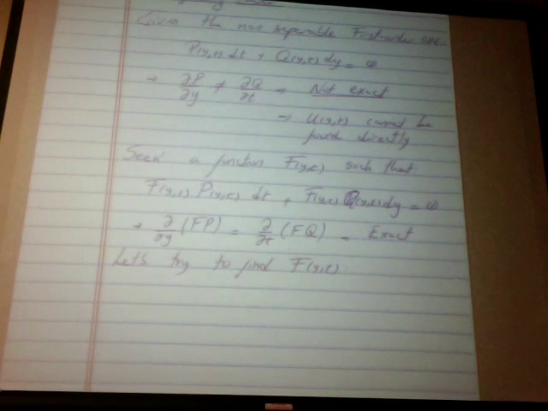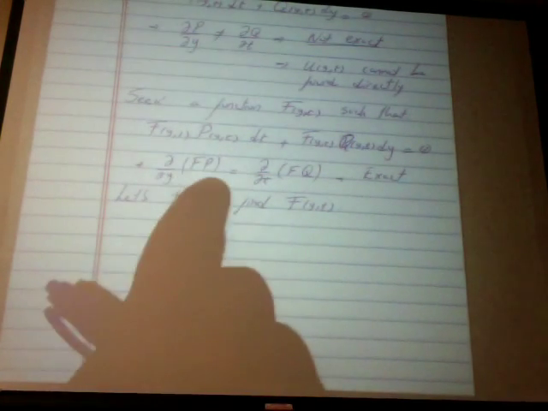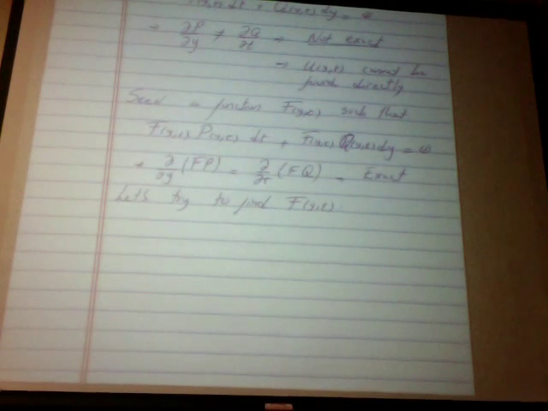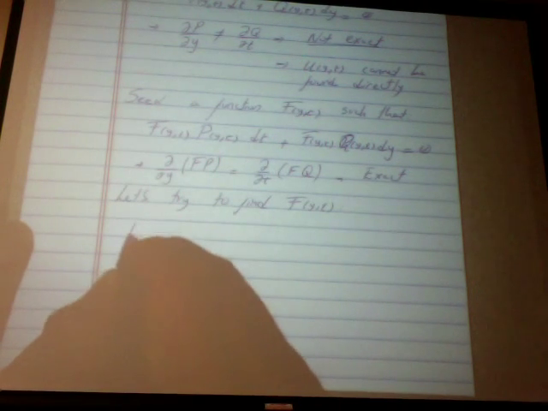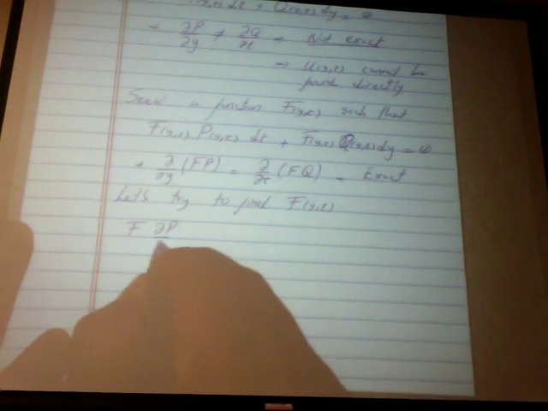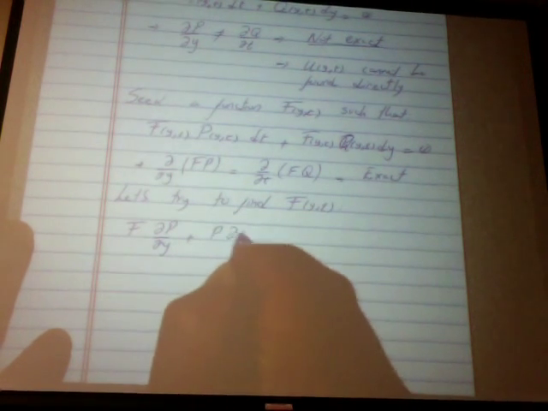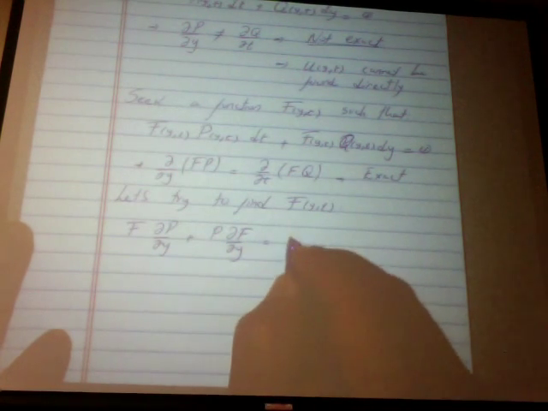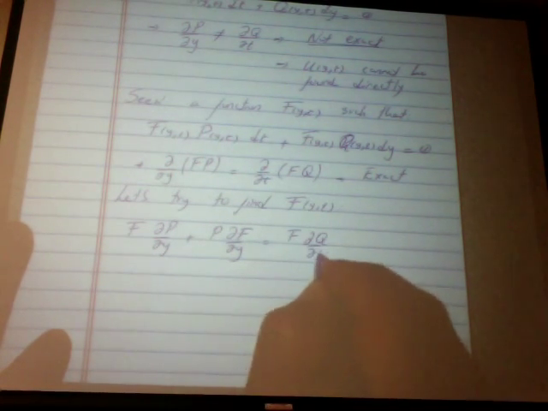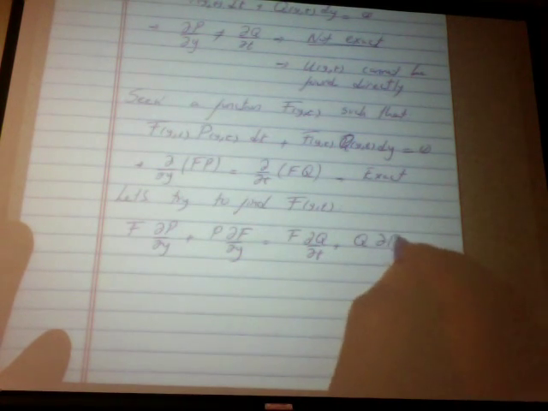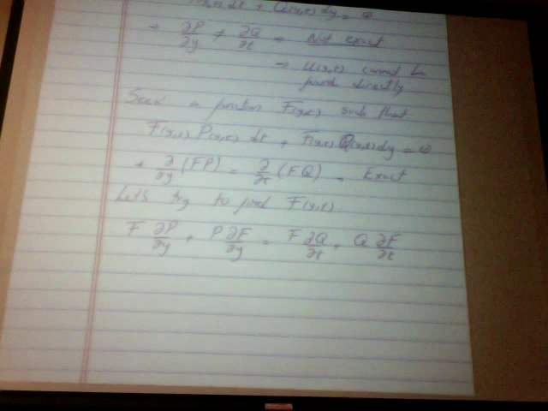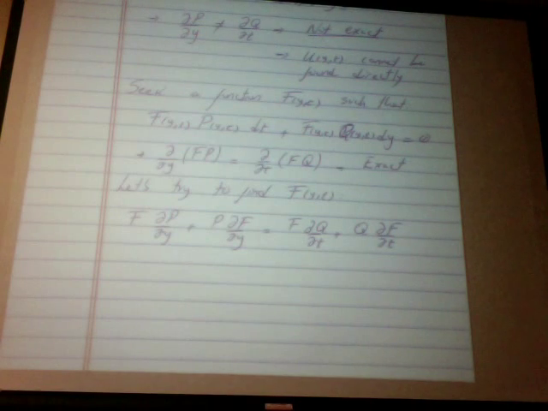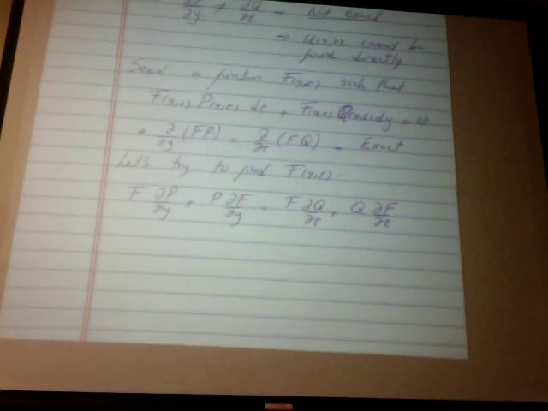So what we're going to do is take those product derivatives there. So this will be f times dP/dy plus P times df/dy is equal to f times dQ/dt plus Q times df/dt. So I just took the chain rule on the condition that the function is exact, or that the equation is exact.